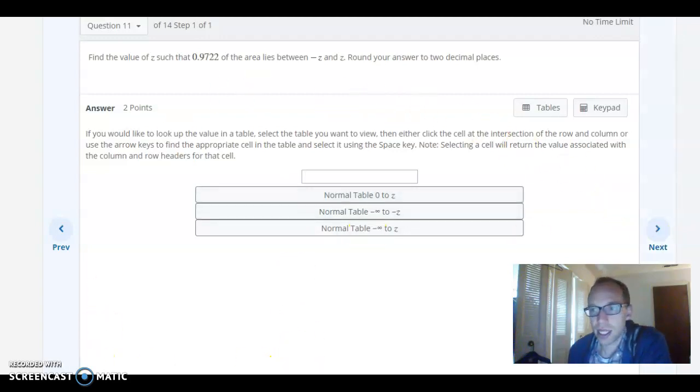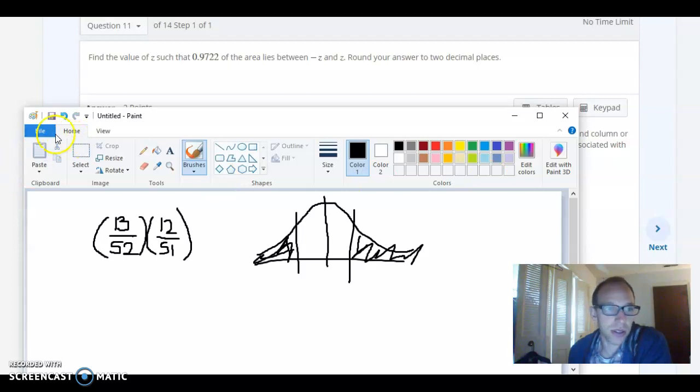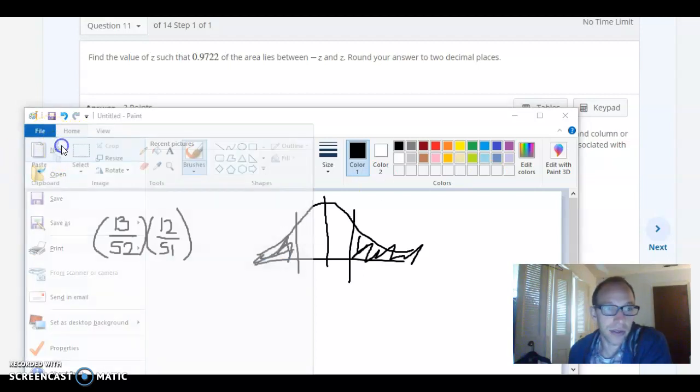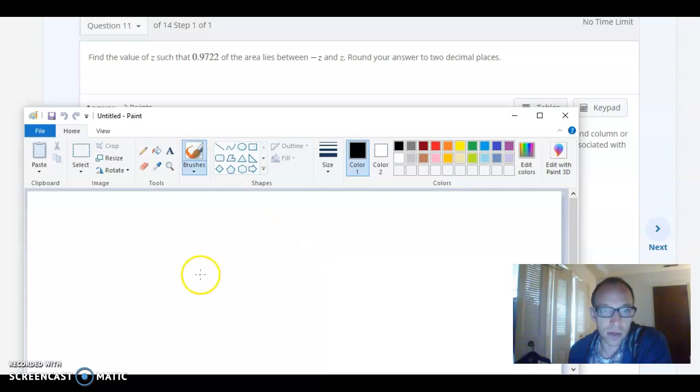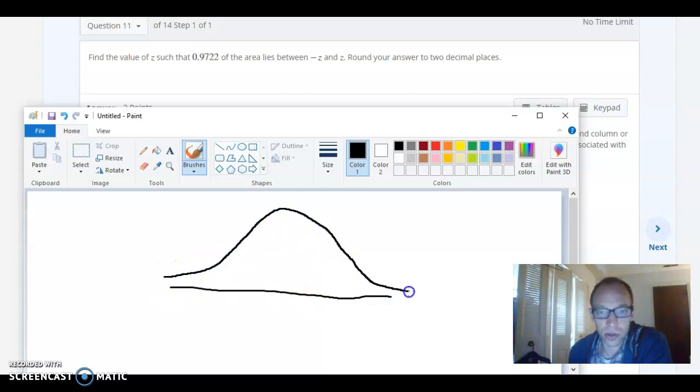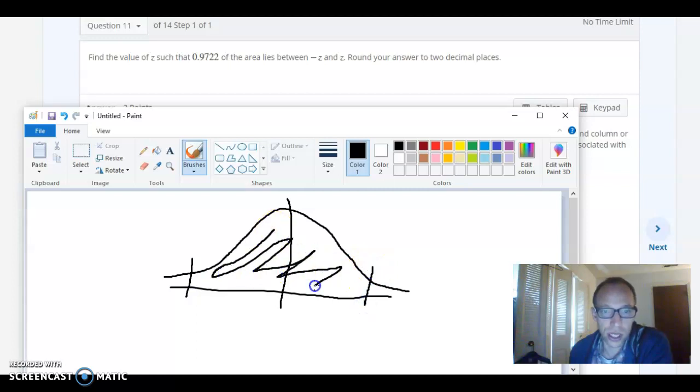Okay, any question like this, I really think the best thing to do is create a visual. So we have a normal distribution here, and let's say this is our mean, and we have 97.22. So we have this huge area right here is 97.22%. What we need to do is get this value of z, or -z.